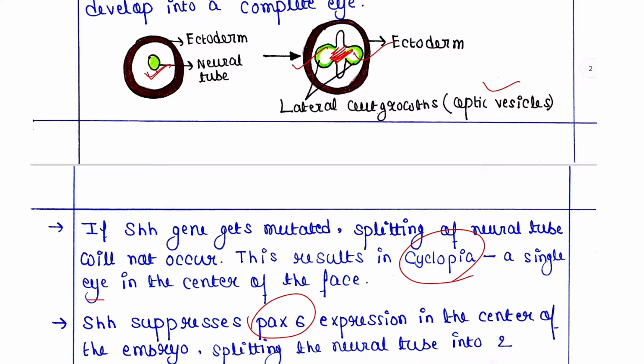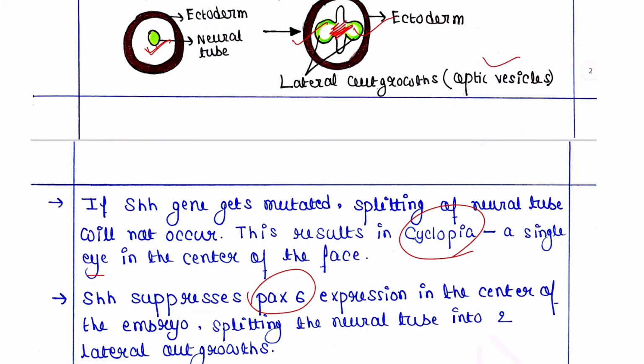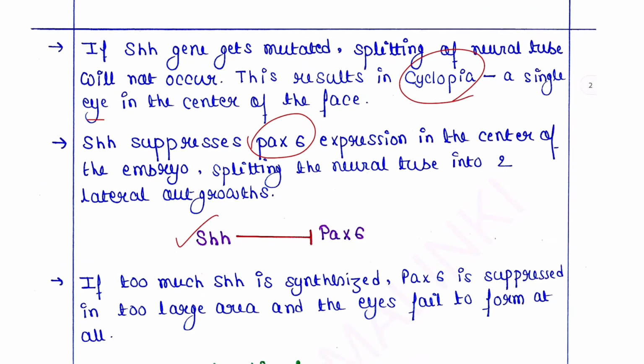In this area, it does not require any PAX6 gene, and it requires only the SHH gene, because this area needs to get split into two lateral outgrowths.